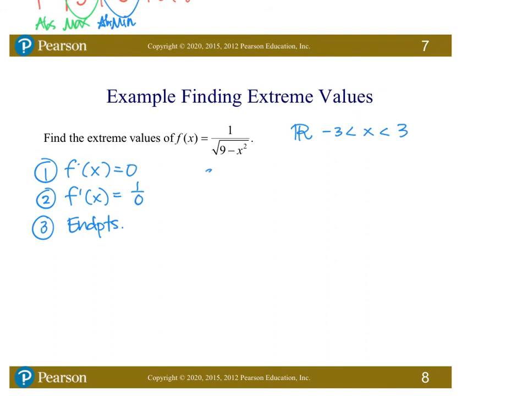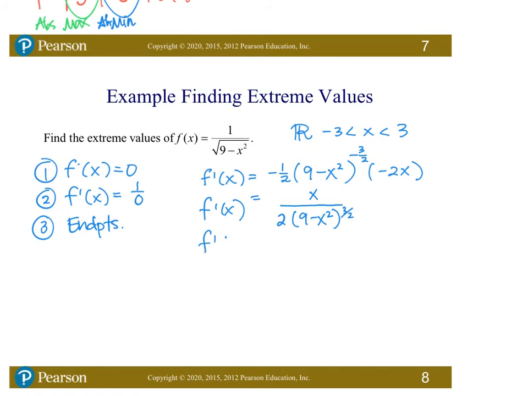All right, let's find the derivative. So my derivative would be -1/2 times the quantity 9 minus x squared to the -3/2, and then times the chain rule of -2x. So overall, we're looking at a positive x in my numerator, and then 2 times 9 minus x squared to the 3/2 in the denominator.